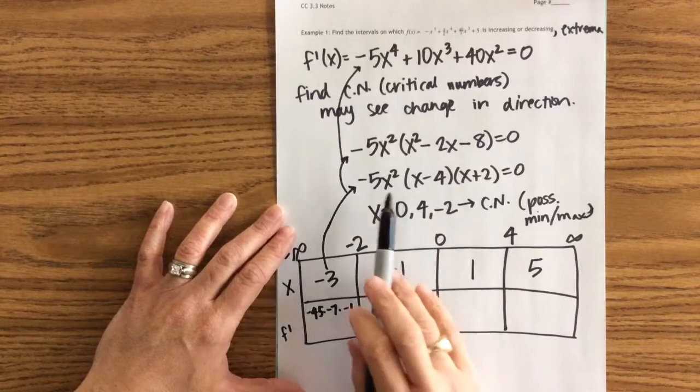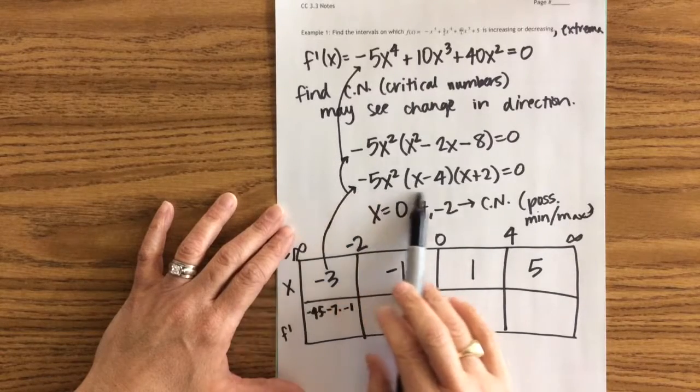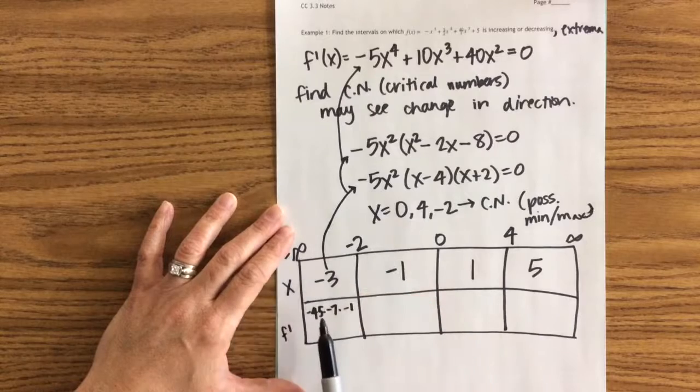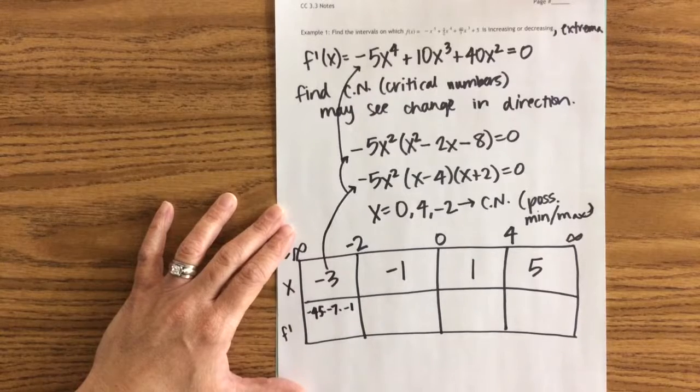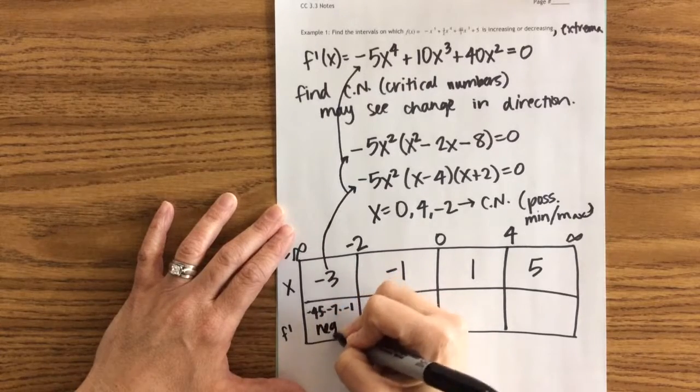So if I take negative 3 and plug it into the derivative, I get negative 45 times negative 7 times negative 1. I don't know what that is off the top of my head, and I don't have a calculator on me, but I do know negative times negative times negative would be negative. Okay?